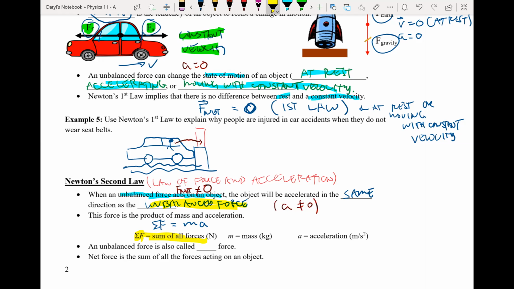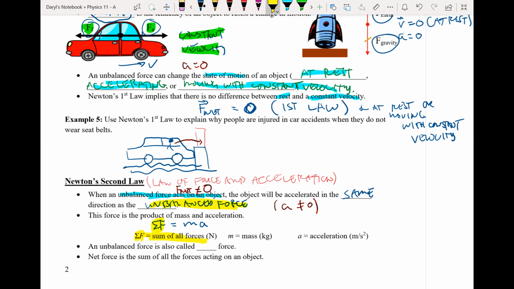But make no mistake, the sum here is not just a single force. Well, it can be a single force, but again, we're taking the sum. That's why the drawing of your free body diagram is very important in this case. So the summation of all the forces is equal to ma, mass times acceleration.